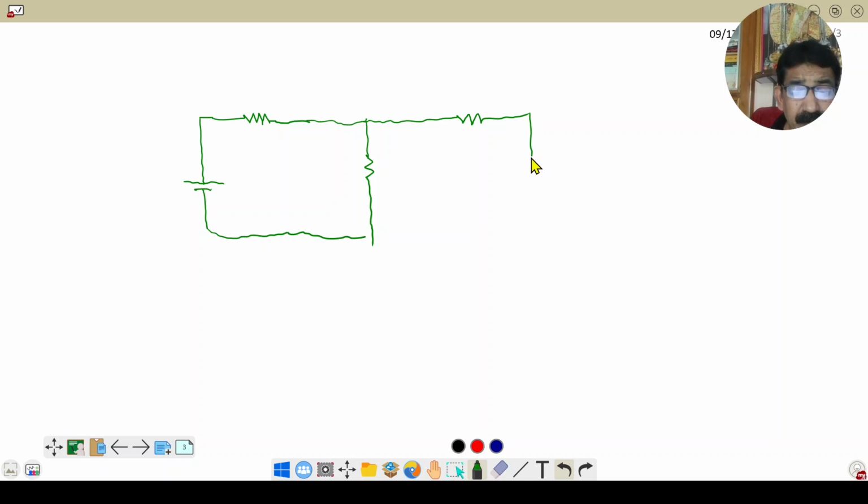Another resistance, another source of EMF. You have to determine or locate the pole of the battery. And this is the simplest problem in your textbook regarding Kirchhoff's current law and Kirchhoff's voltage law. So the EMF of this is E2, this is U1, this is R1, this is R2, and this is R3.